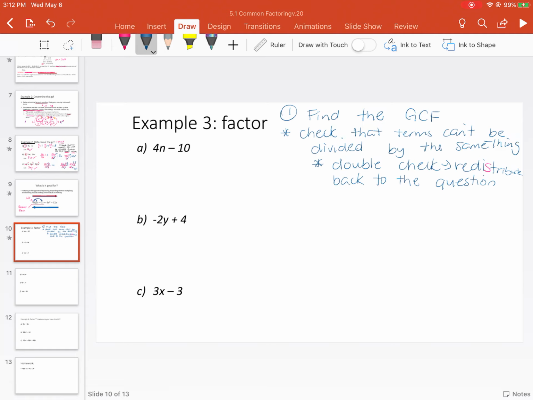So I'm going to show you how to do that, and maybe when you're doing the homework, you just want to check in the back of the book. But since you have time at home when you're doing the assignment, then you can easily check this when you're doing the work.